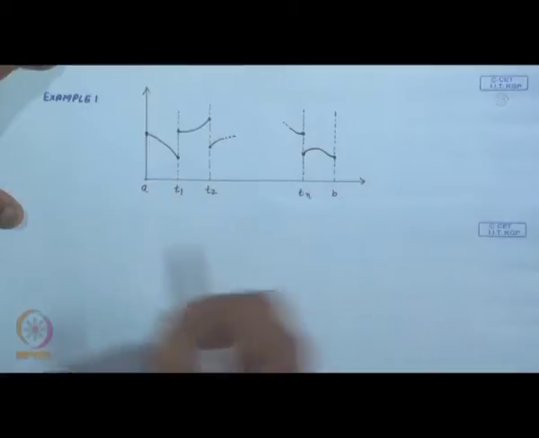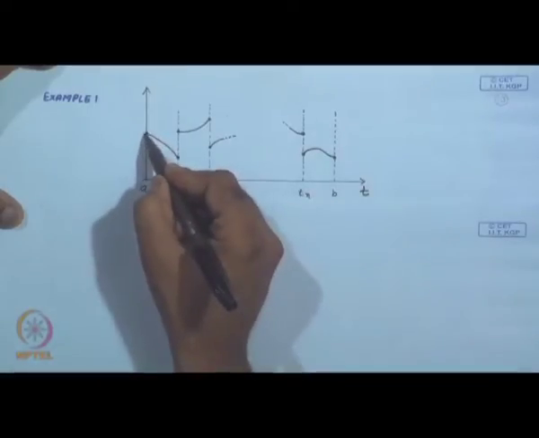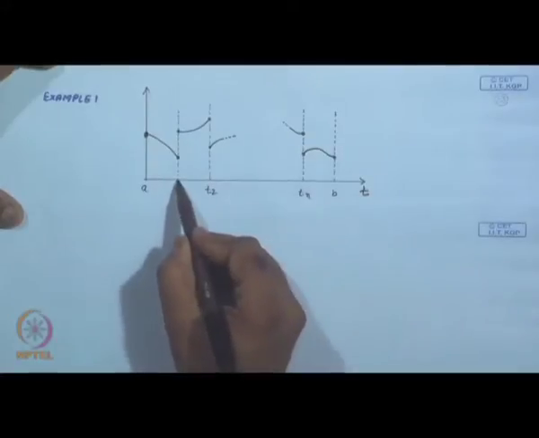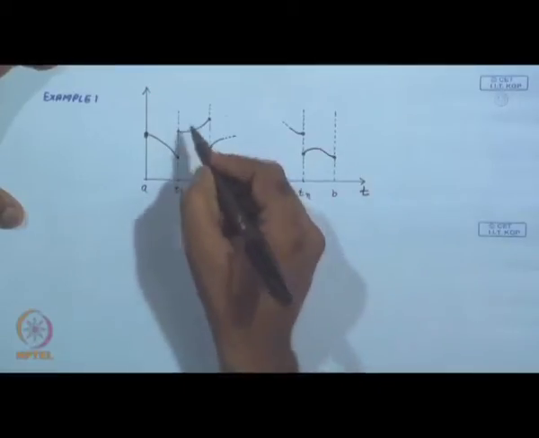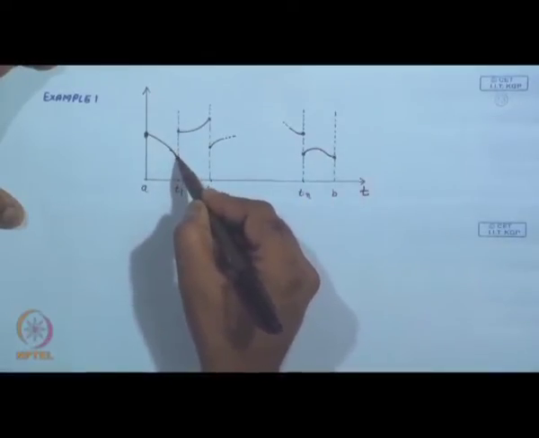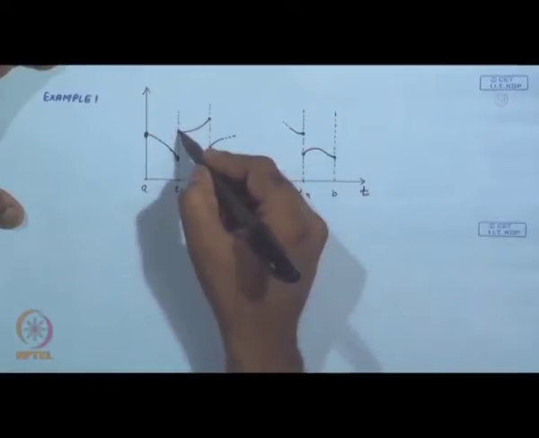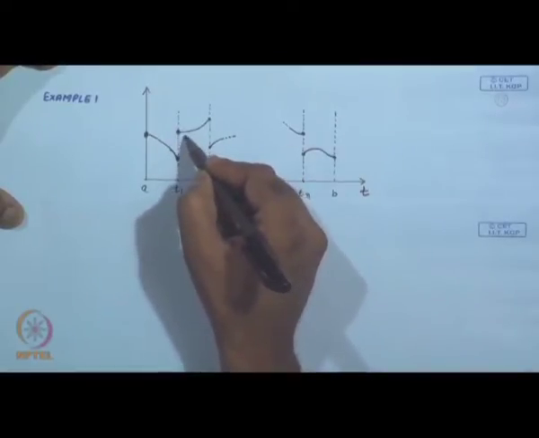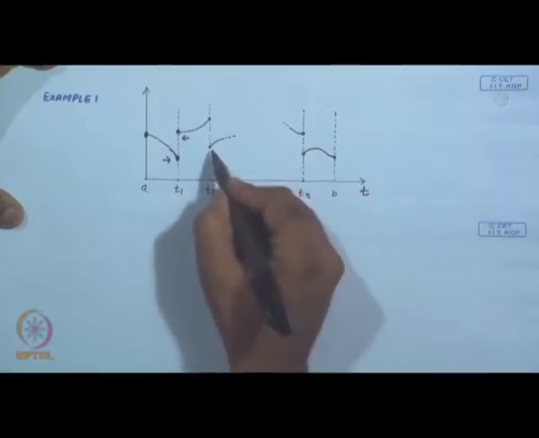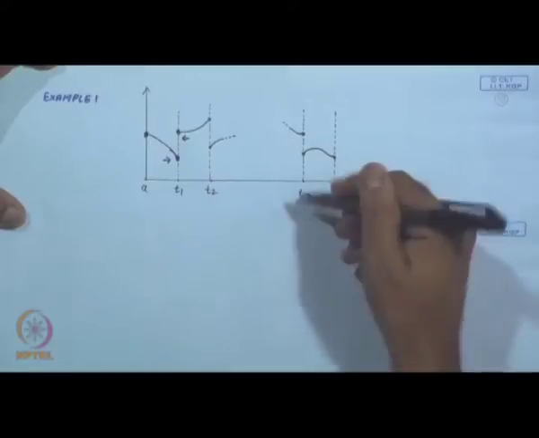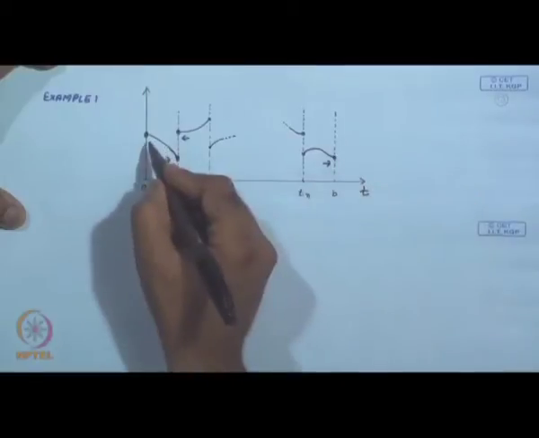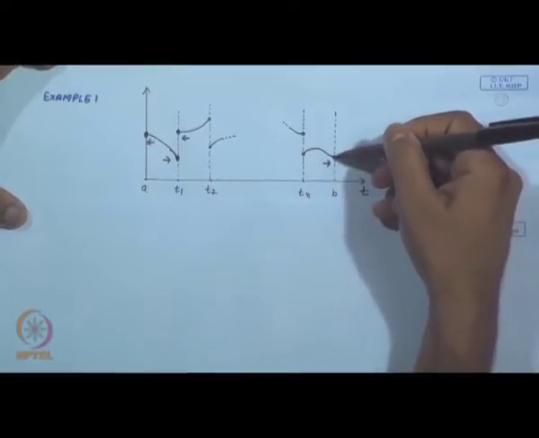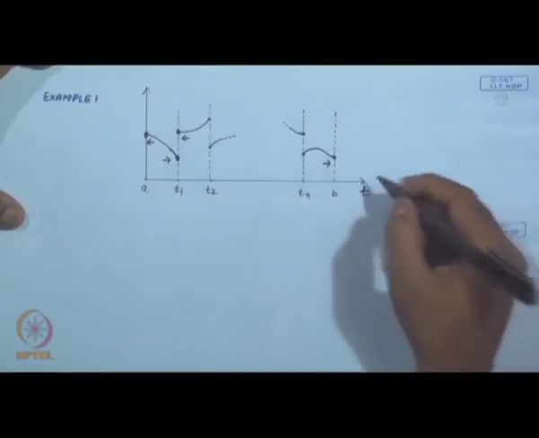Here, as t approaches a, the right limit exists, and the function is not continuous at the points t1, t2, tn, but the limits as t approaches t1 from the left side or from the right side both should exist at all these points of discontinuity, and the right limit as t approaches b should also exist. So this is a typical graph of a piecewise continuous function.